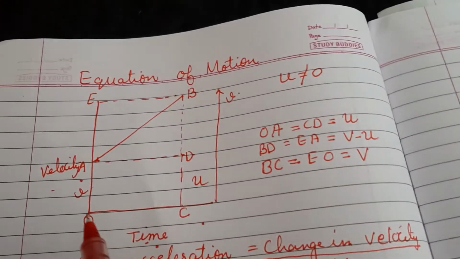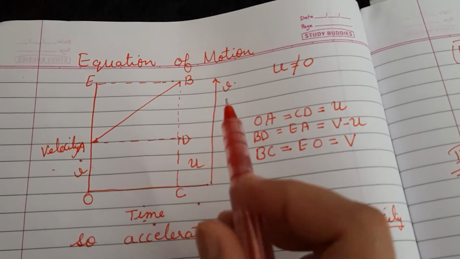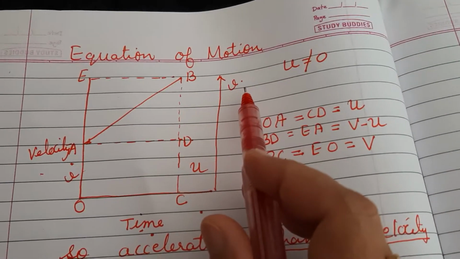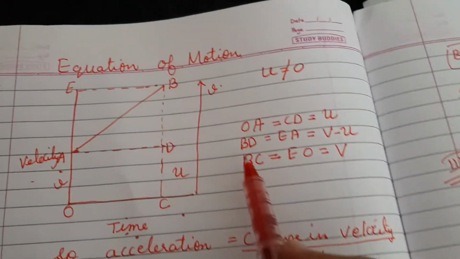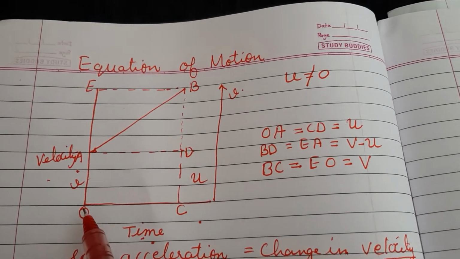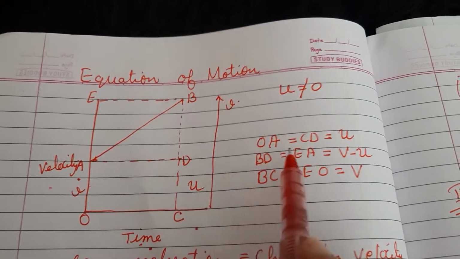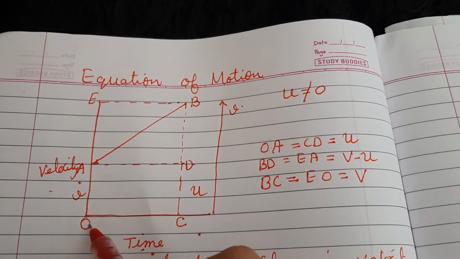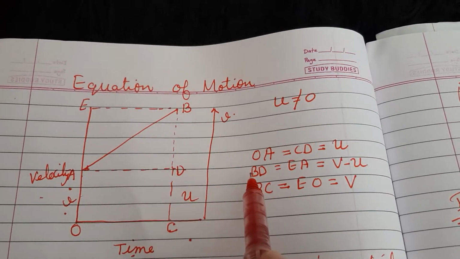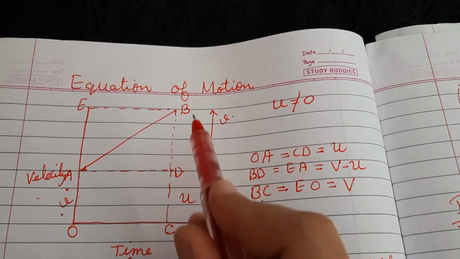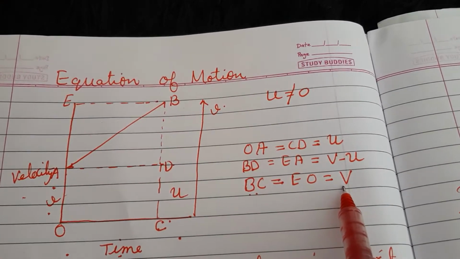Suppose an object moves with some initial velocity and after time t, its final velocity becomes v. From this graph we see that OA is equal to DC, which is equal to u, the initial velocity. Then BC is equal to EO, which is the final velocity.